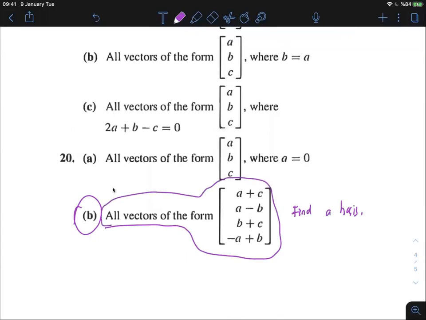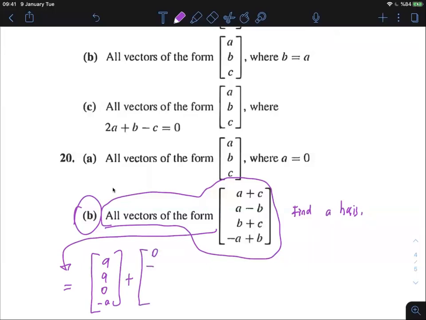Let's find about the subspace. So how do we do it? What we do is we write this vector in terms of, so separate A's, separate B's, and separate C's.